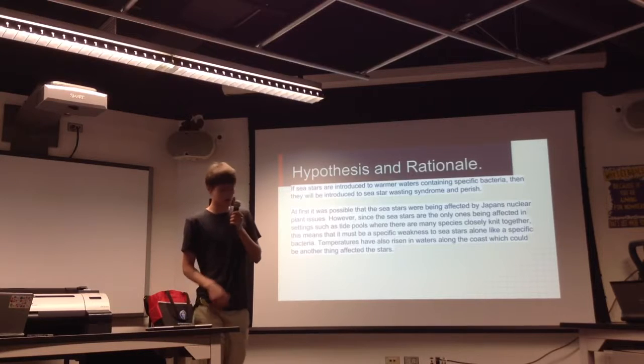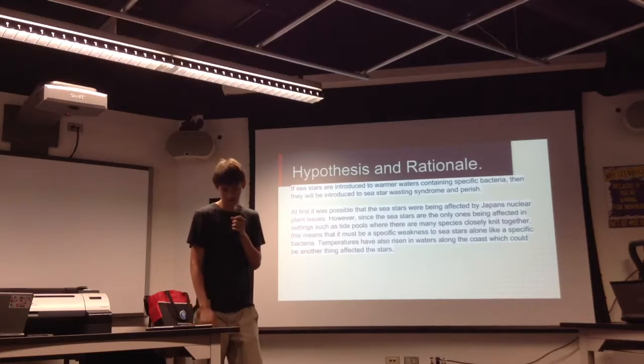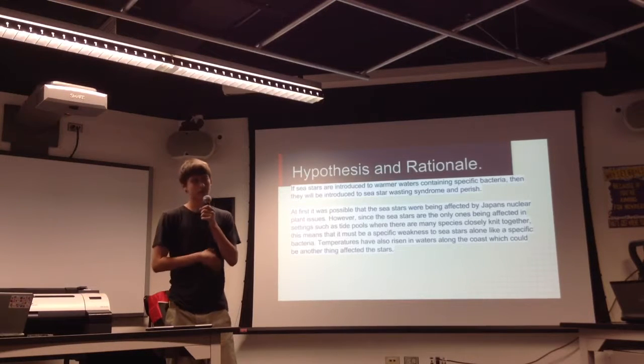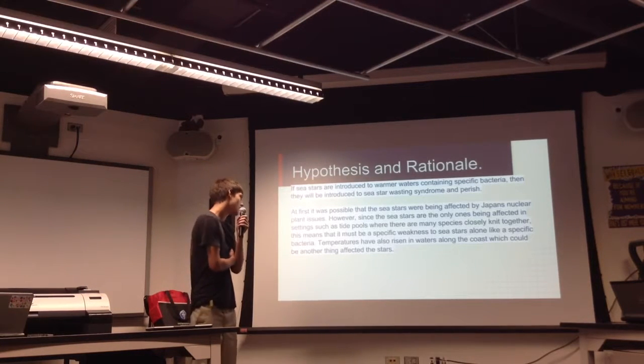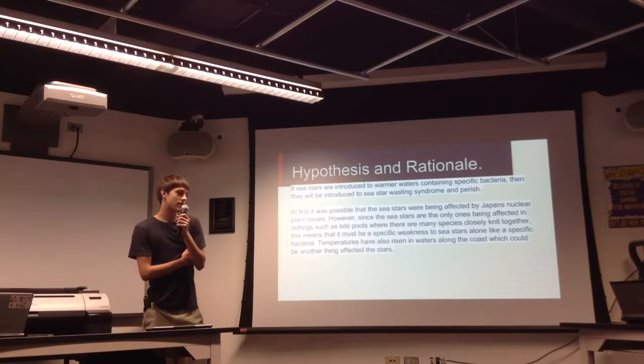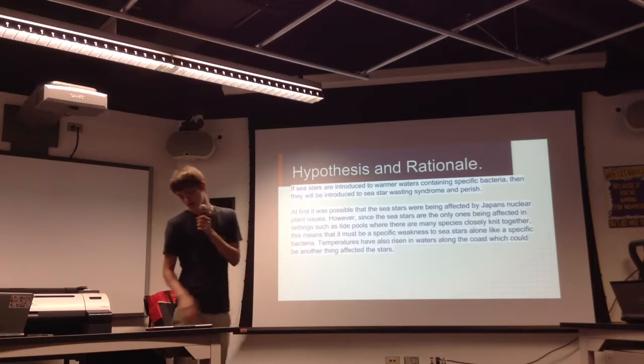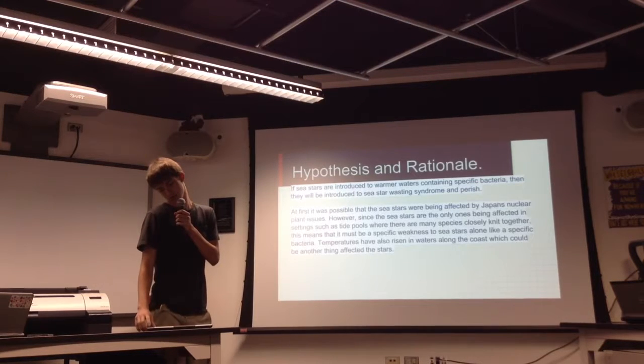However, since the sea stars are the only ones being affected in the tide pools, that possibility isn't really accurate. So I'm guessing it's something to do with specific bacteria, or there has been a rise in the water temperature, so that's my reasoning.